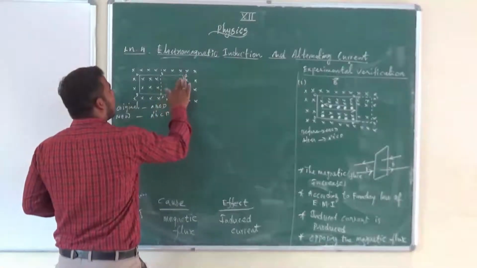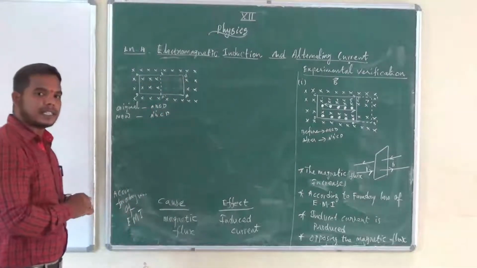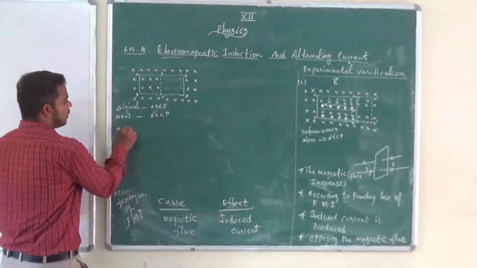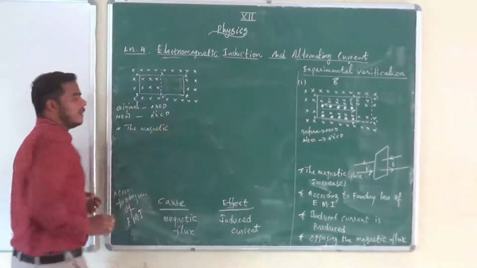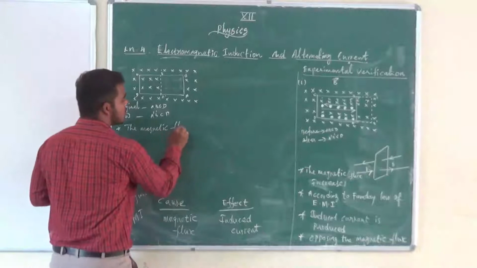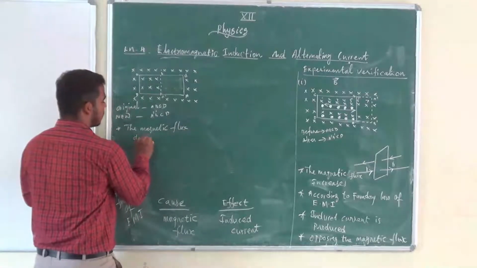The number of magnetic field lines decreases, so the magnetic flux decreases.